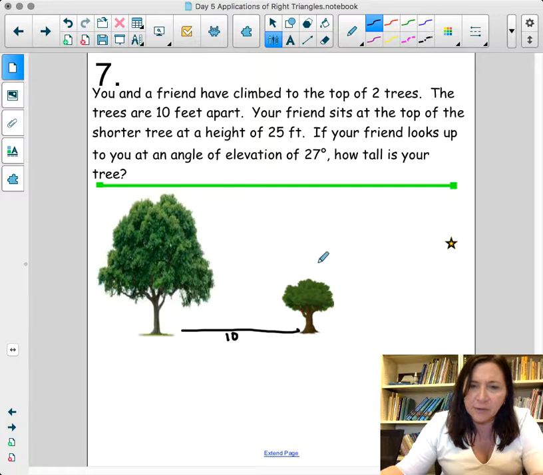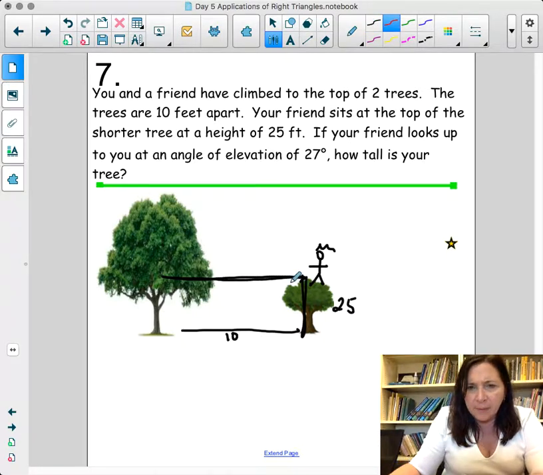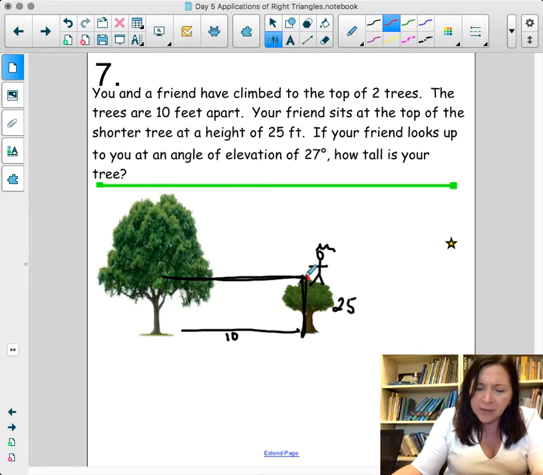So this is the shorter tree here, and then here's your friend. And that tree is 25 feet tall. If your friend looks up at you, based on the horizontal, probably looking at me at the top of this other tree, at an angle of 27 degrees, how tall is the tree?